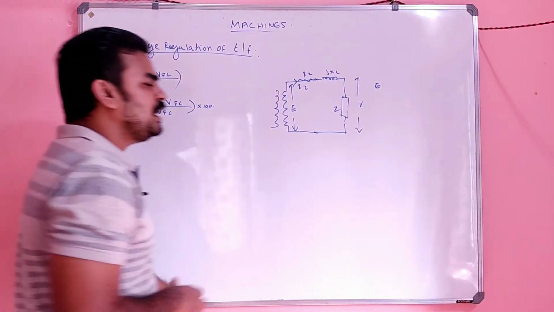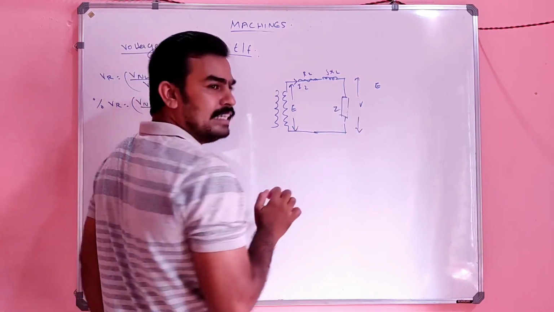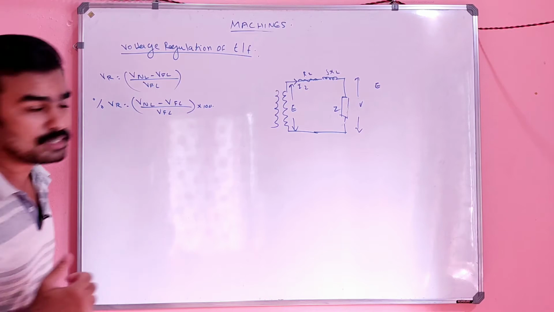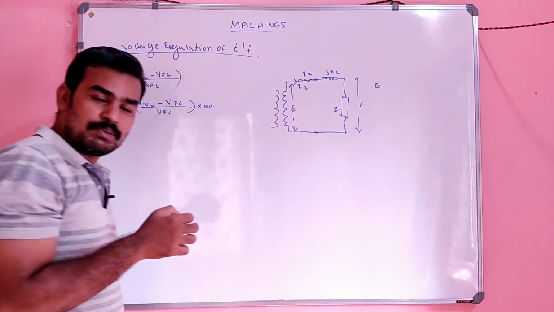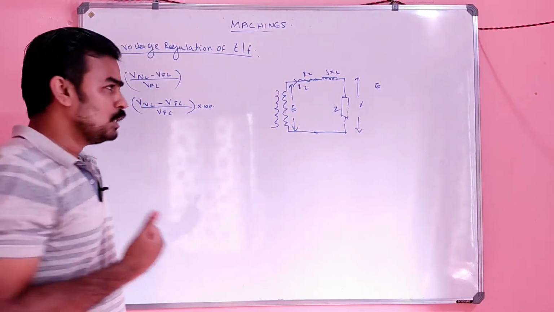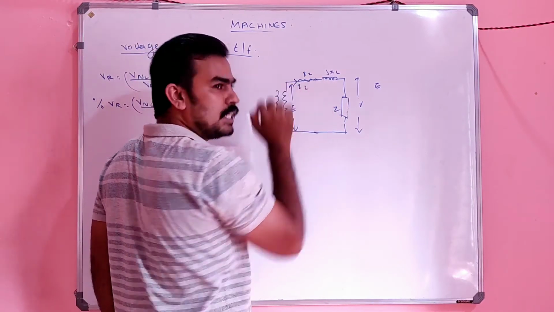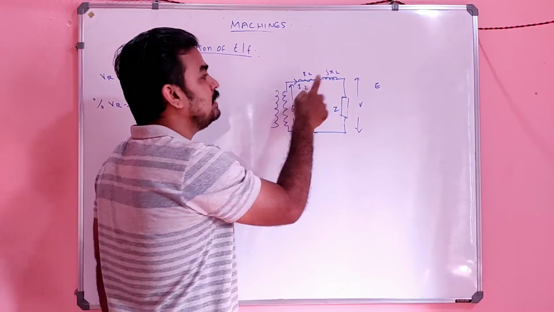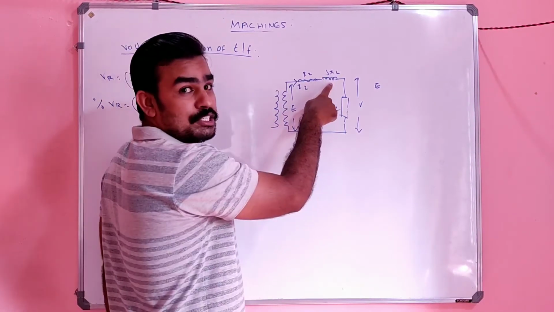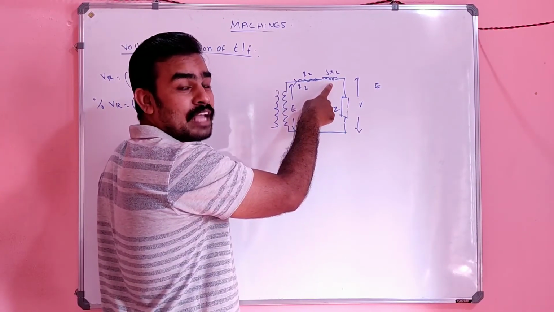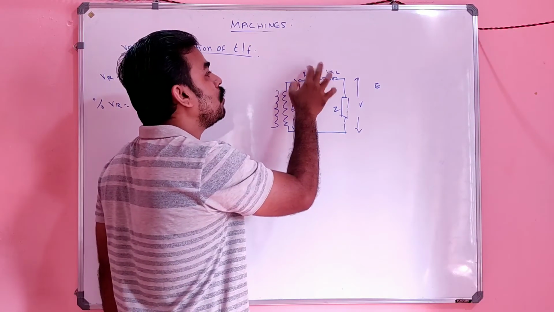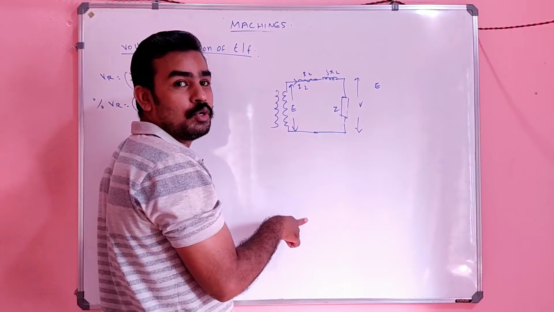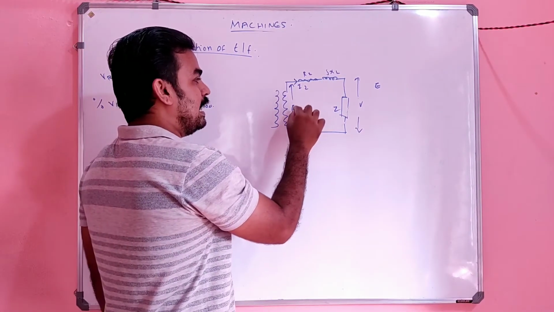But when you connect a load Z here, what happens? There is a flow of I2 in the circuit. Due to the flow of I2, there will be a drop I2 into R2 across the resistance and a drop I2 into jX2 across the reactive element. So there will be a total drop of I2R2 plus I2jX2.